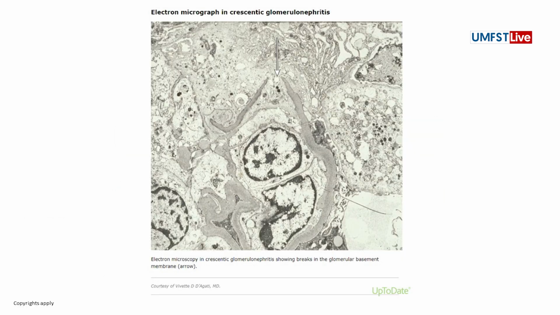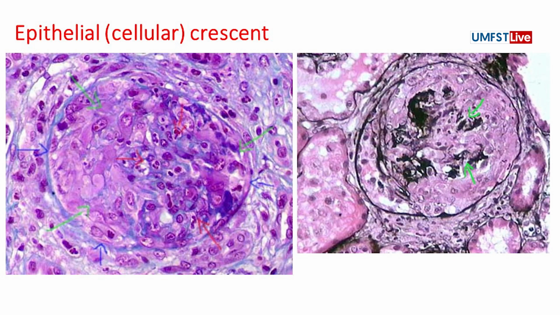This is the electron microscopy of the rupture in the GBM, and this is where everything starts with injury. And this is an epithelial, cellular crescent, fibroepithelial, and fibrous crescent.